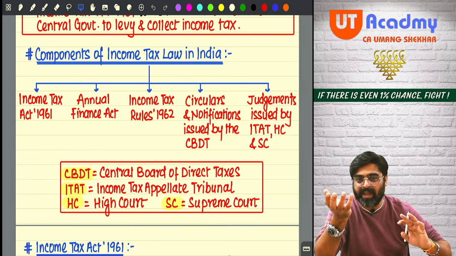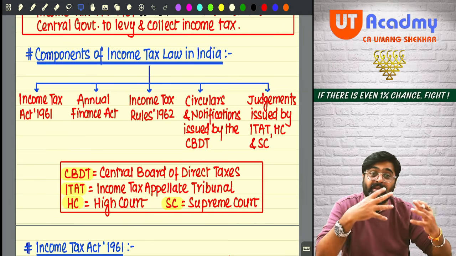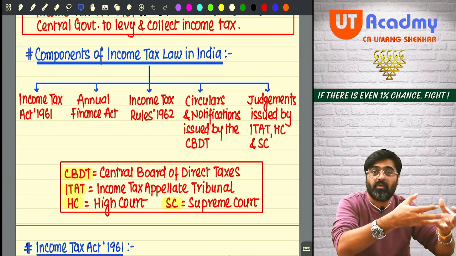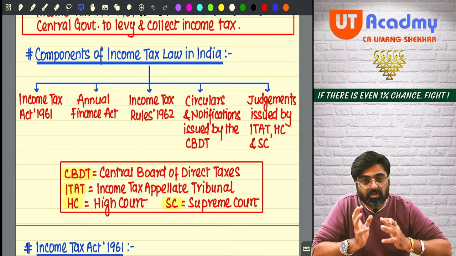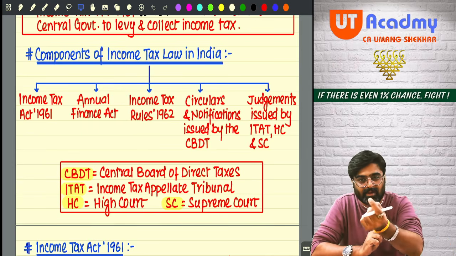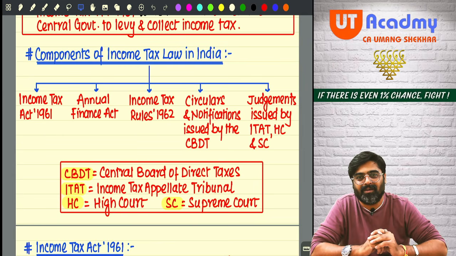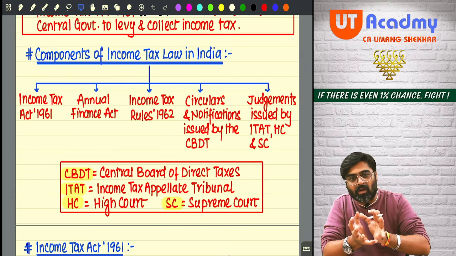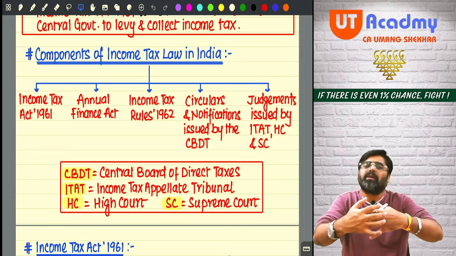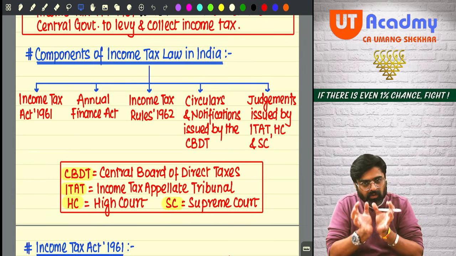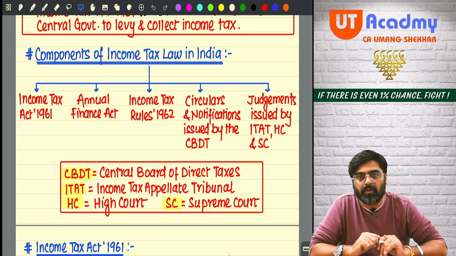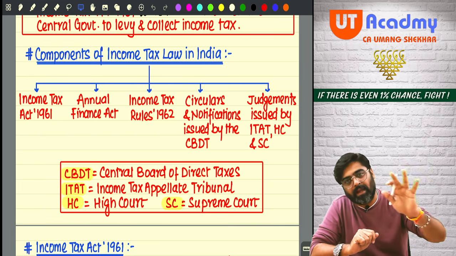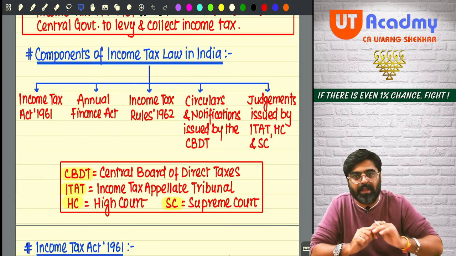You cannot be expected as a student to learn the entire Income Tax Act and come for the CA intermediate exam, because this will be the law which you are going to study for the first time in your career. So this entire law you are not supposed to study. A few things out of this law are made part of your CA intermediate syllabus. Only those things you are supposed to study, and you are supposed to come for the exams.